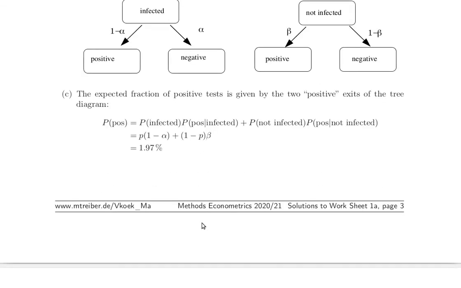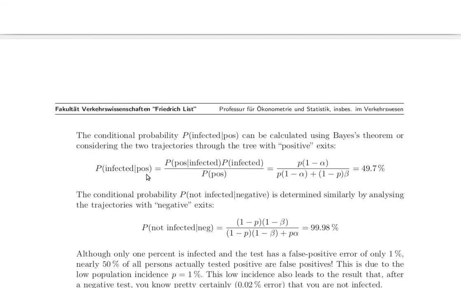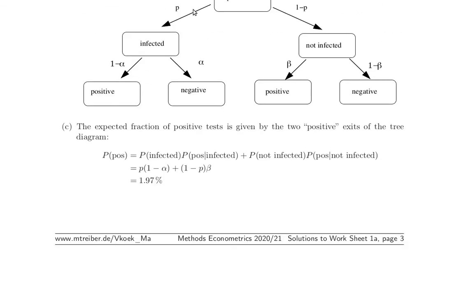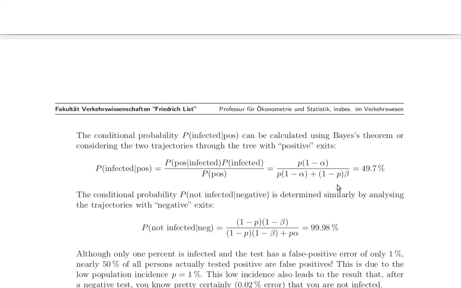So the probability you are infected given a positive test is just the first branch, p times 1 minus alpha, and the denominator is p times 1 minus alpha plus 1 minus p times beta, and that is this. And then you get nearly 50%. That means if you have a positive test, your probability of really having COVID-19 is just 50%.